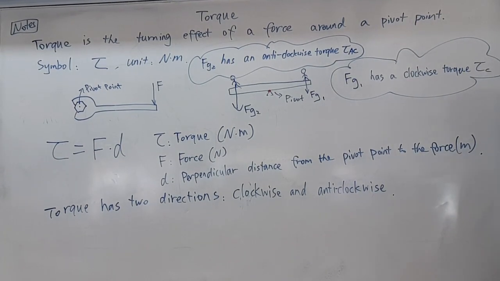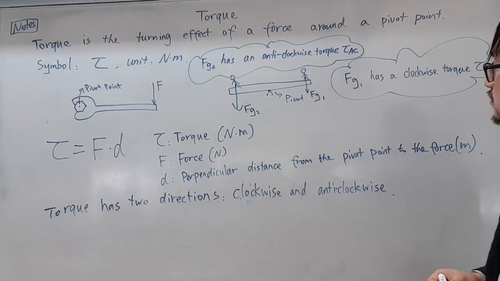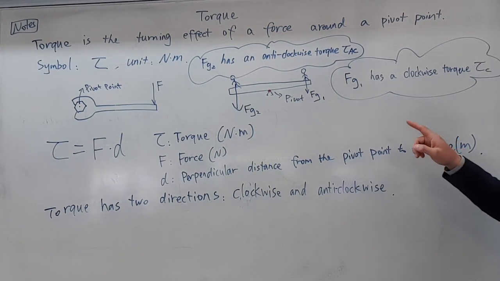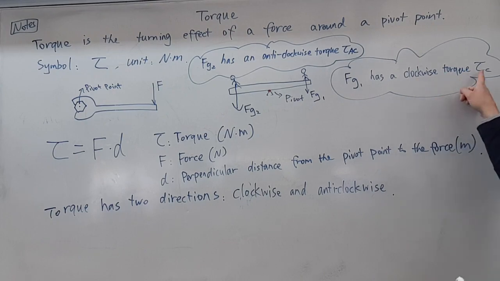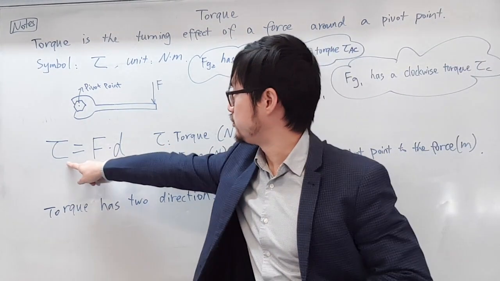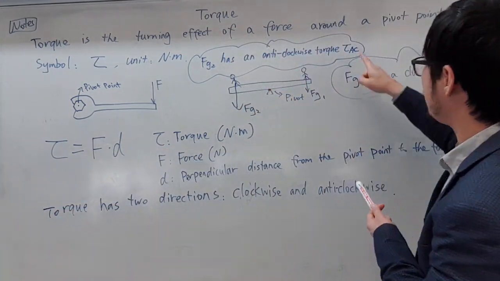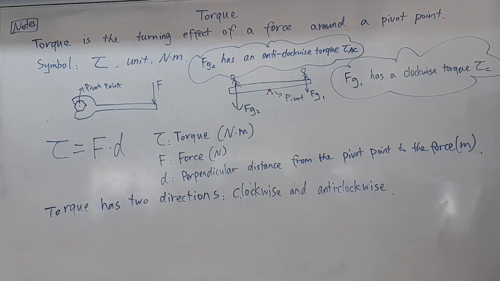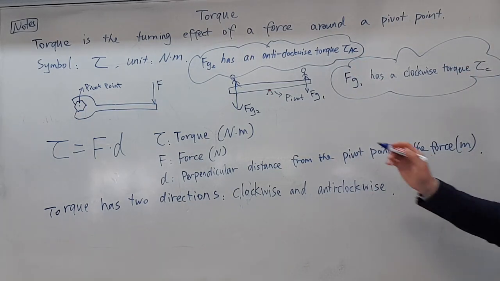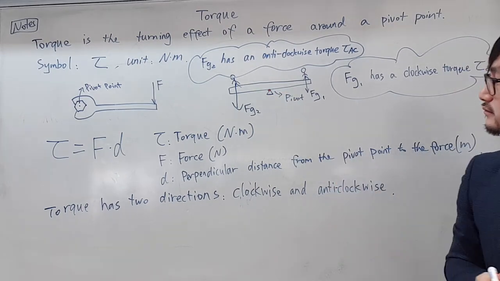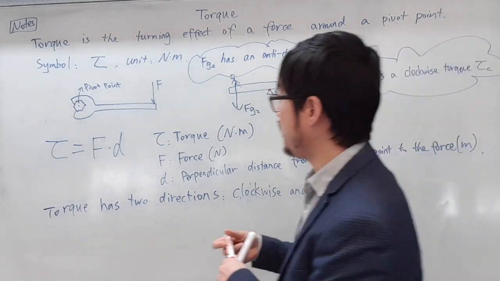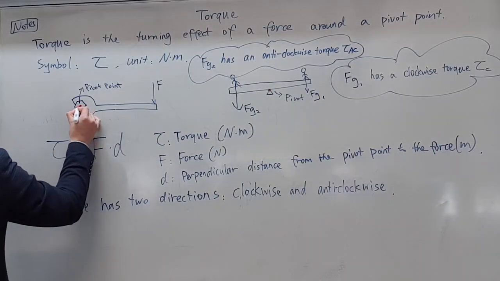Yeah. What's the thing after the symbol? After what? The symbol of torque. Oh, this is torque. Torque clockwise, torque anti-clockwise. Yes. I'm going to label the pivot point in the middle over here as well.